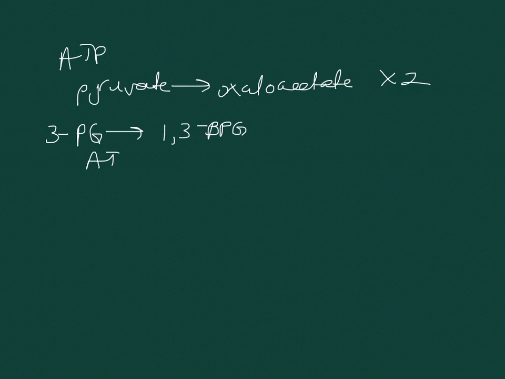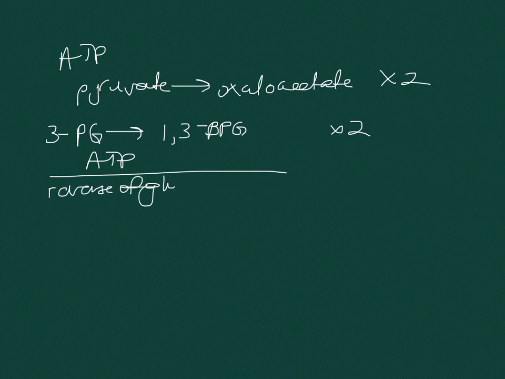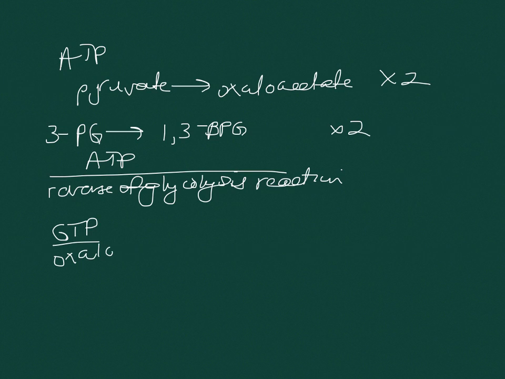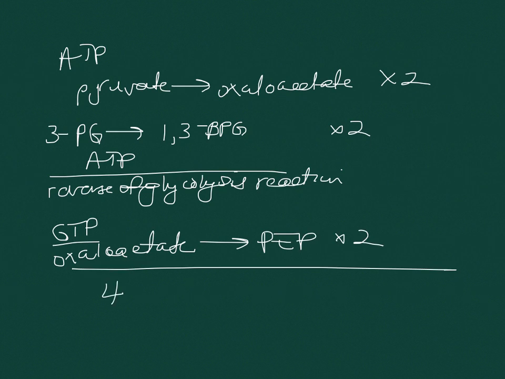So this consumes an ATP. That's times 2. Now I didn't show you this reaction because it's a reverse of a glycolysis reaction. And then we consume GTP when we take oxaloacetate to PEP. And that's times 2. So that's how we get the consumption of 4 ATPs plus 2 GTPs in gluconeogenesis.